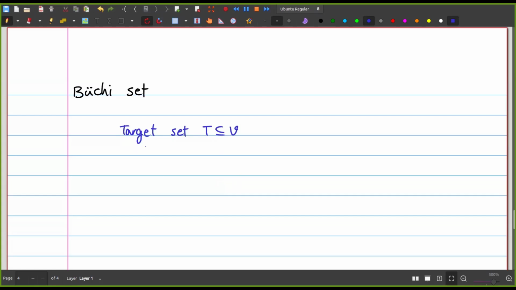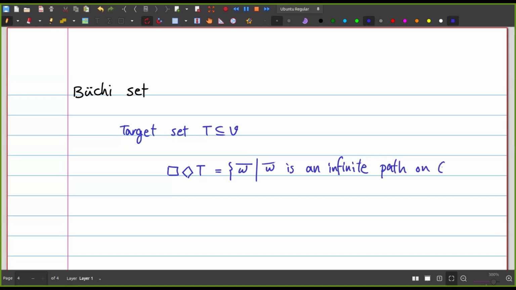Okay, so I'm going to define that set. This is the set. The way we read this is globally eventually T, but forget about the notation, just focus on the fact that I want to find all the infinite paths that see vertices in T infinitely many times. So this is going to be the set of all W bars, where W bar is an infinite walk on my graph G, starting at V0.